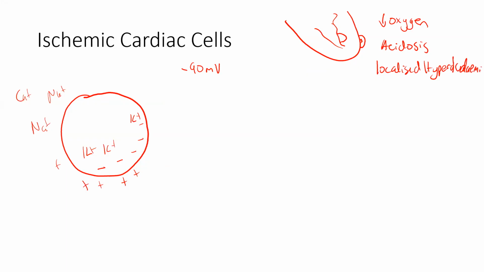So what that actually means is that in this cardiac cell, because there's no oxygen, it's going to start impacting the ATP. It's going to start impacting the integrity of the cell membrane. We talked about ATP-gated potassium and sodium channels.